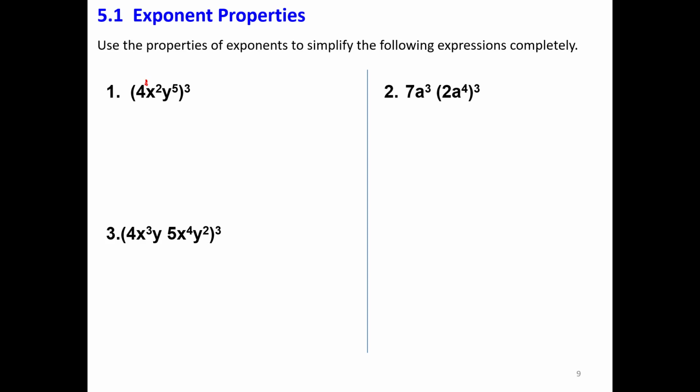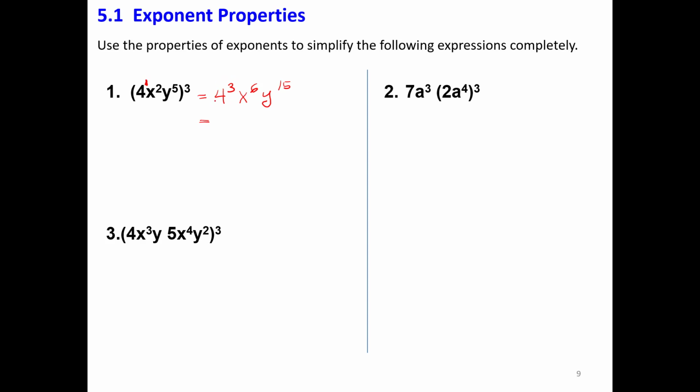And let's apply the rule. In this case, we just need to multiply the exponents. Then 1 times 3 is 3. X. 2 times 3 is 6. Y. 5 times 3 is 15. Because we need to simplify this expression completely, then we need to solve this.